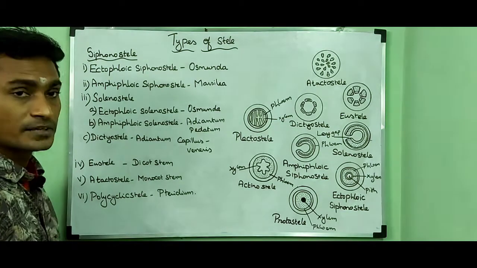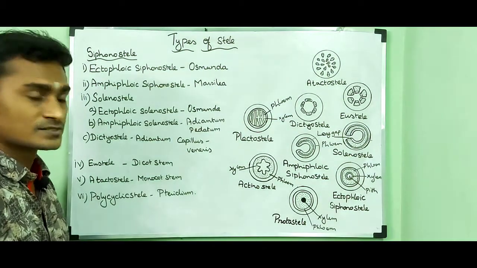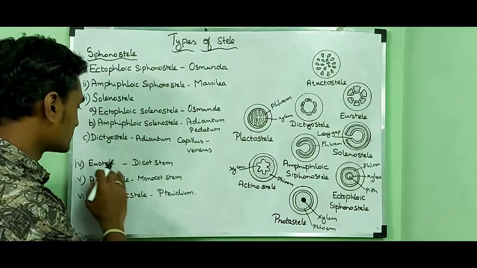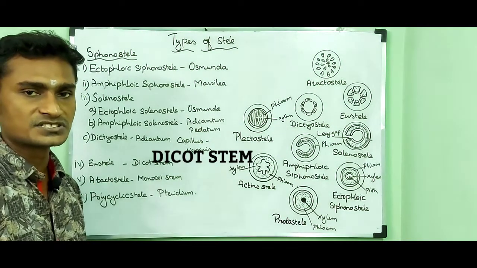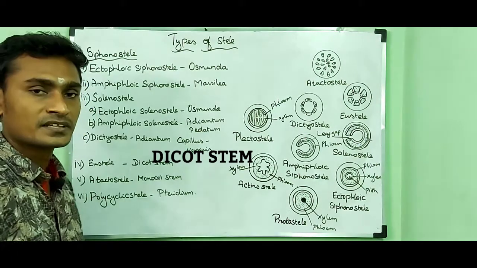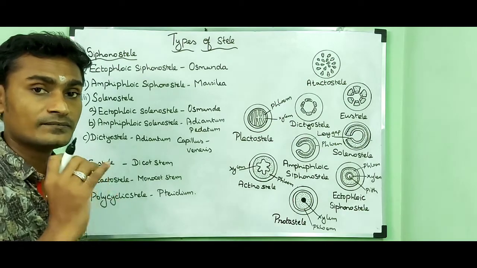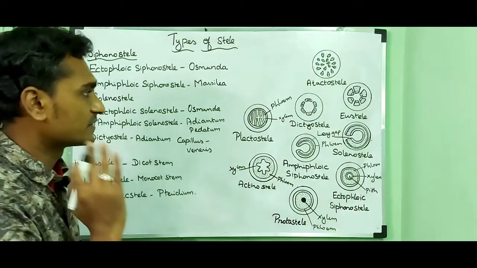Then the fourth type, Eusteel. This is the advanced type of steel. This type of steel is present in Dictyosteel. In this type, the steel is split into distinct collateral vascular bundles around the pith.